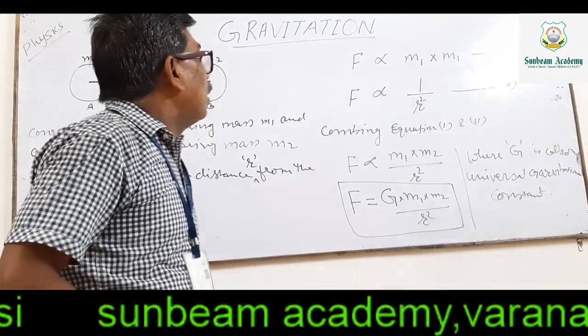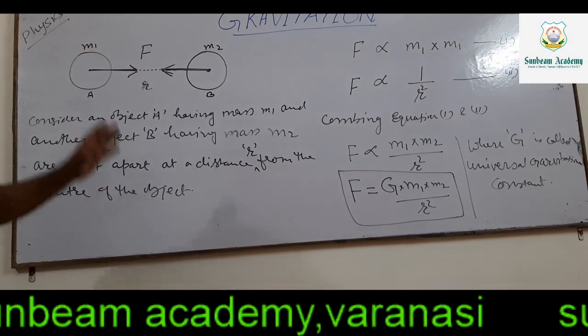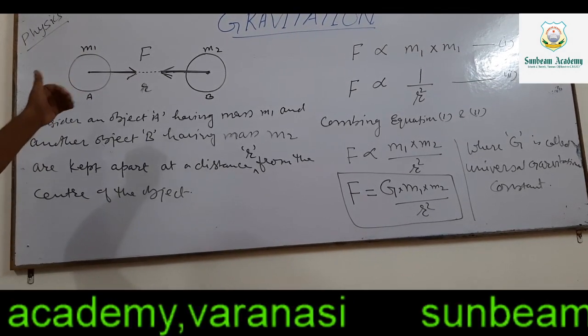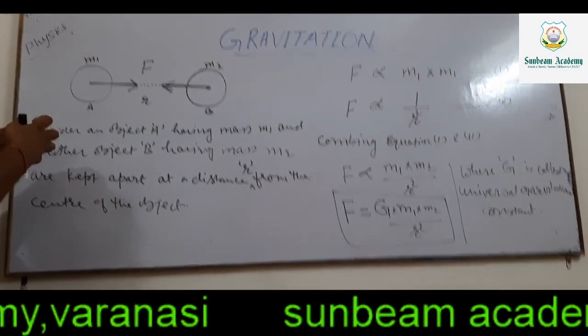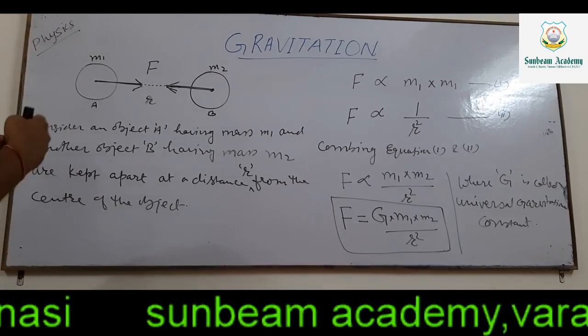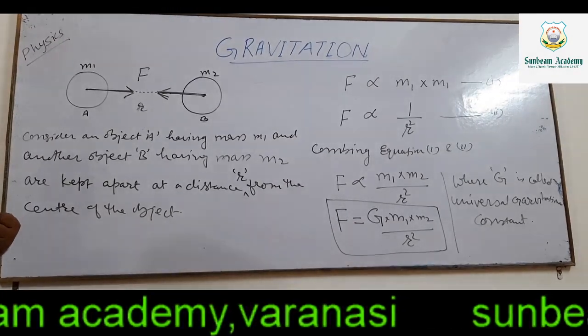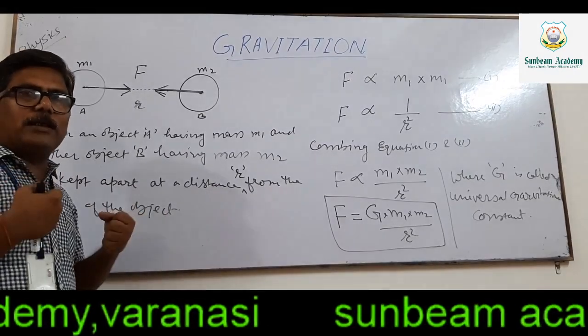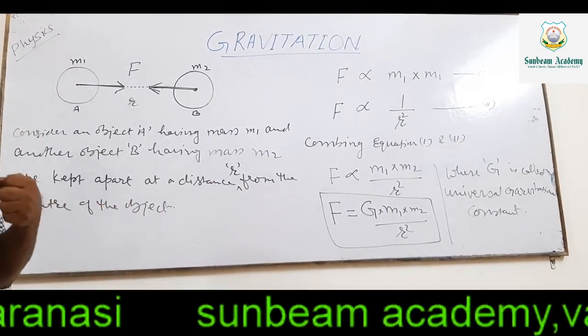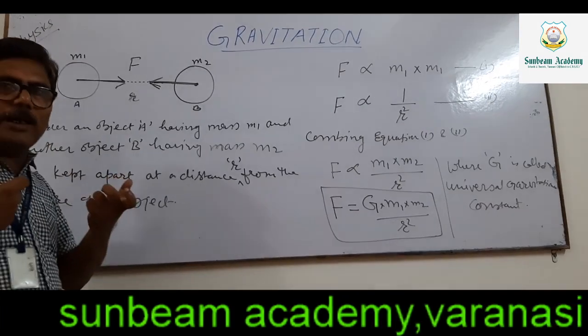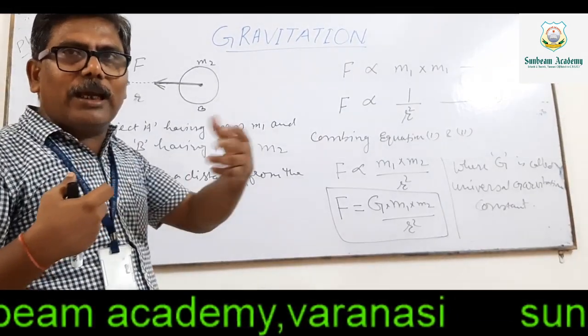And one more thing you can remember, that this gravitational force is always an attractive force between the two bodies. There is no repulsive force acting between them. Newton always says that every object in the universe attracts every other object.